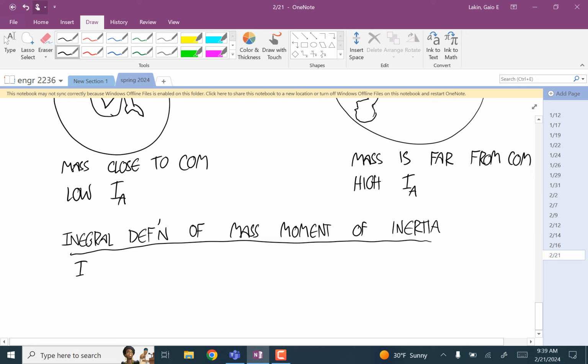And that is, I sub A is equal to the integral over the whole mass of r squared dm, where r is the distance from this infinitesimal mass.